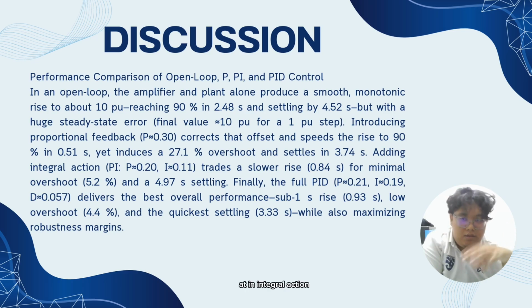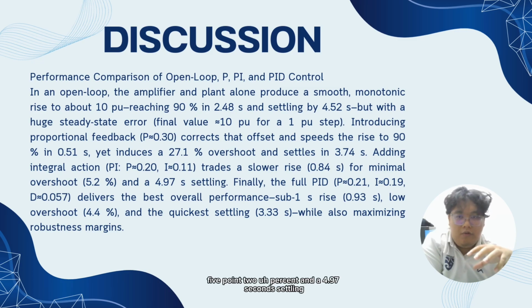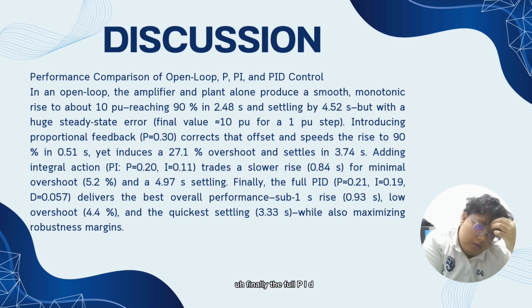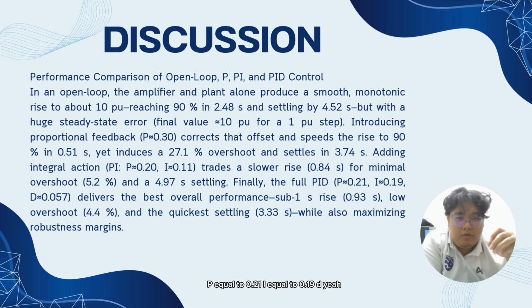Adding integral action, PI with P = 0.20, I = 0.11, gives a slower rise of 0.84 second with minimal overshoot, 5.2%, and 4.97 seconds settling.